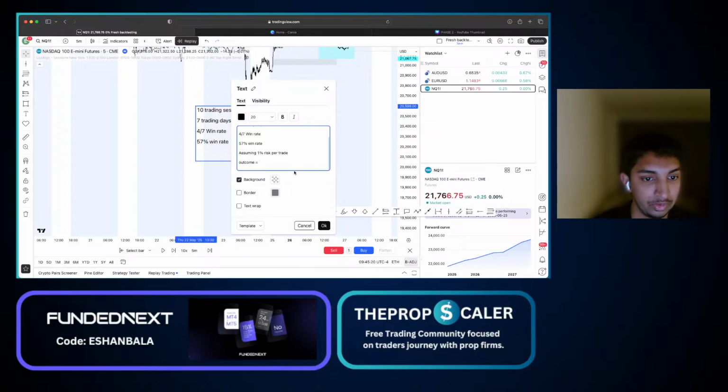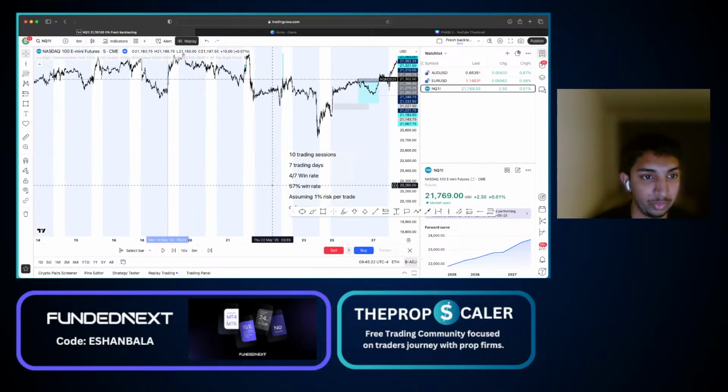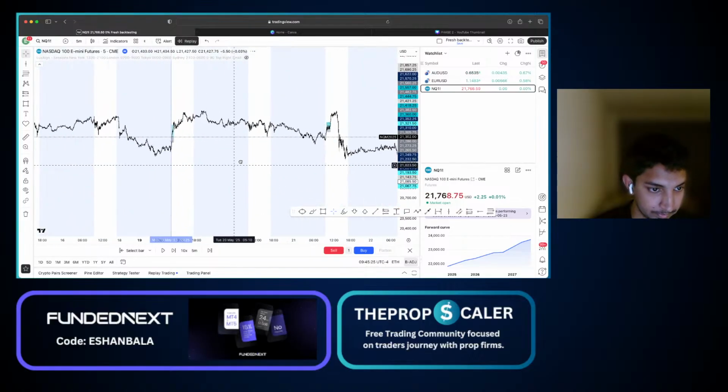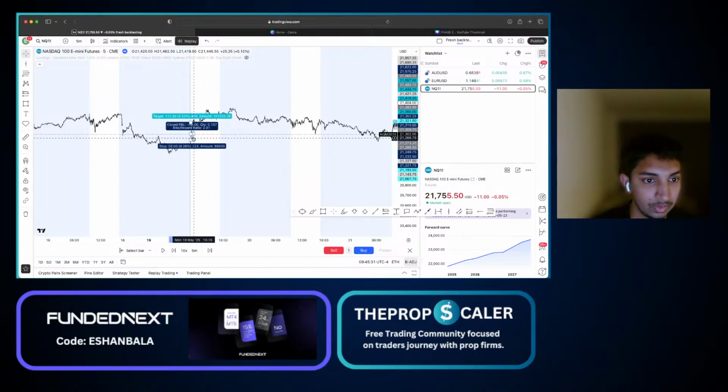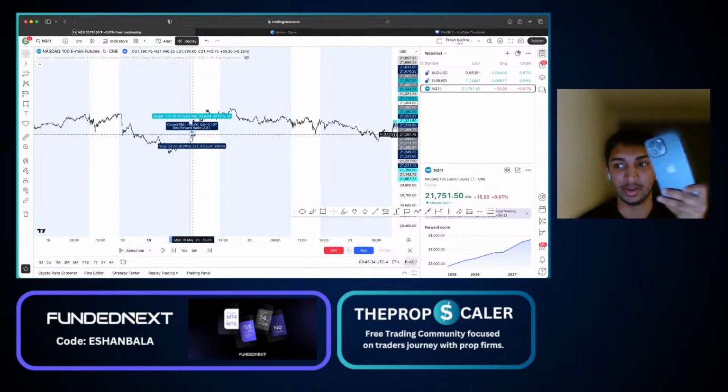outcome equals to, so this is where we need to get the calculator out. We'll add up all the data. So I'll just take my phone out so it's easier.